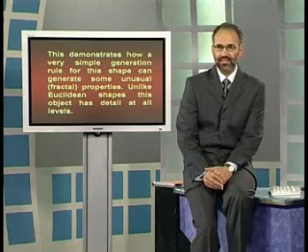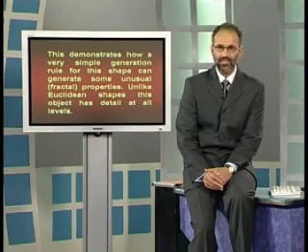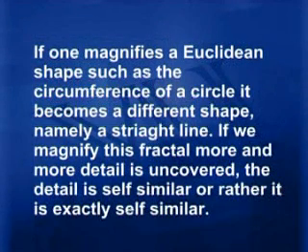This demonstrates how a very simple generation rule for this shape can generate some unusual properties. And that is what fractals are all about. Unlike Euclidean shapes, this object has detail at all levels. If one magnifies a Euclidean shape, such as the circumference of a circle, it becomes a different shape.